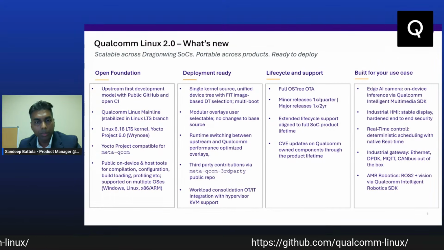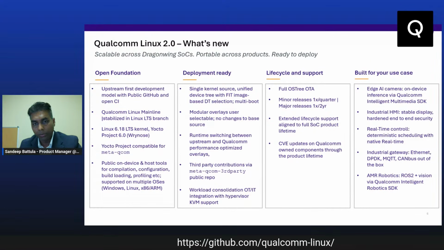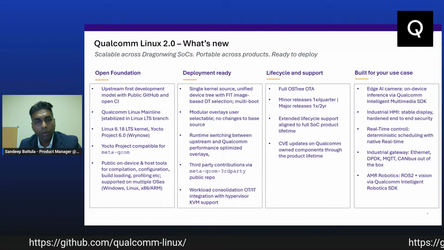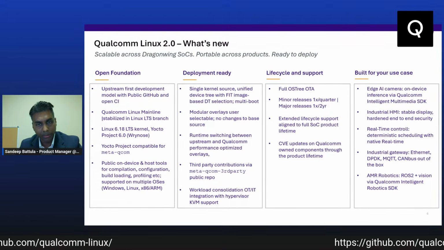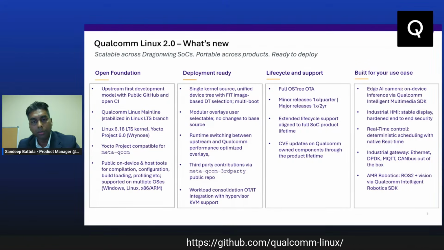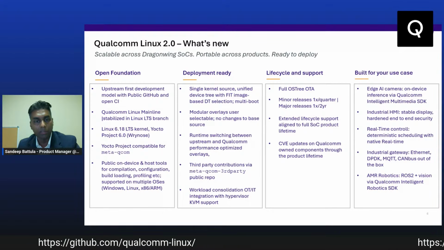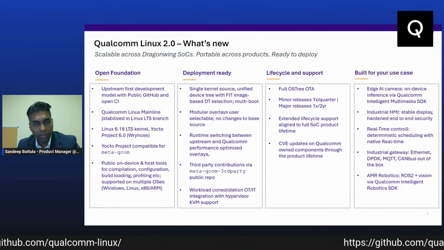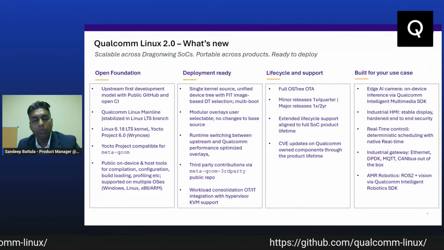And on 2.0, you can add modular overlays on top of the open foundation. These modular overlays give you new capabilities and new features that can be unlocked from our Qualcomm SoCs across multiple technologies: camera, audio, video, and graphics.